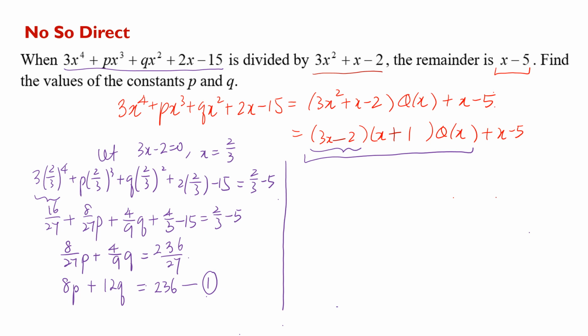Now I'm going to generate the second equation. The second equation is to let the second linear factor equal 0.